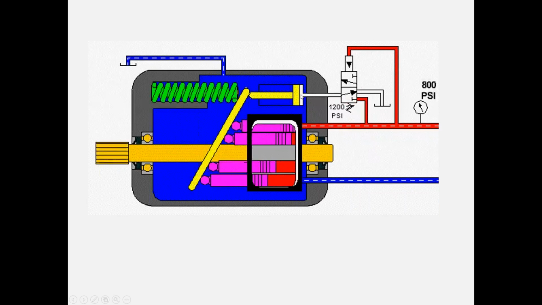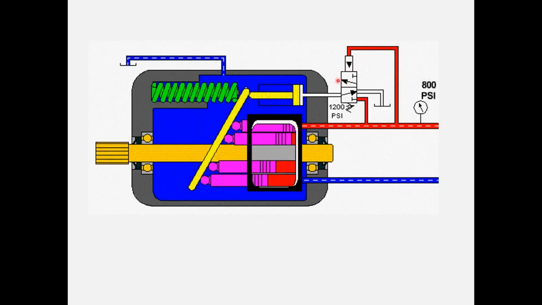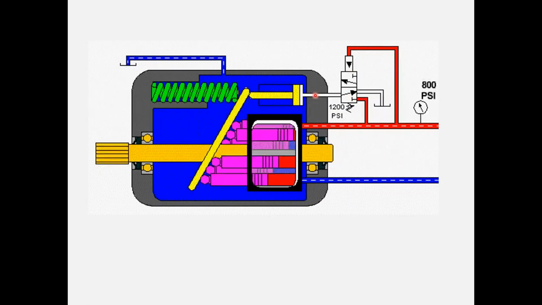And you see that any oil that was in the destroking cylinder would get drained back to tank. But if the system pressure reaches 1200 psi, then pilot pressure is going to act on the valve and shift it into this position, which you see would direct flow into the destroking piston.